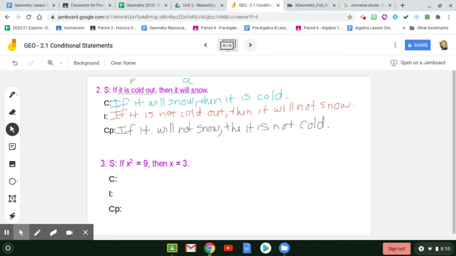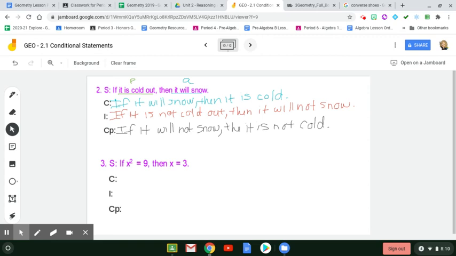I don't think that that one's true, because even though it might not be snowing, it could definitely be cold. So, again, conditional statements could be true or false depending on what type of order you have and if it's negated.